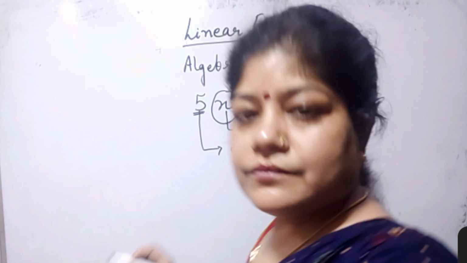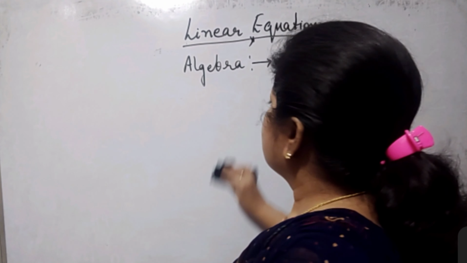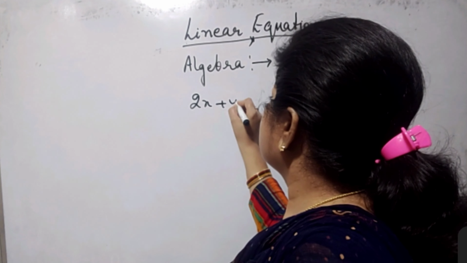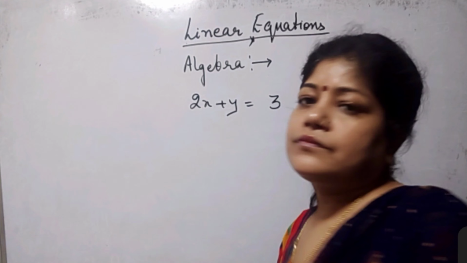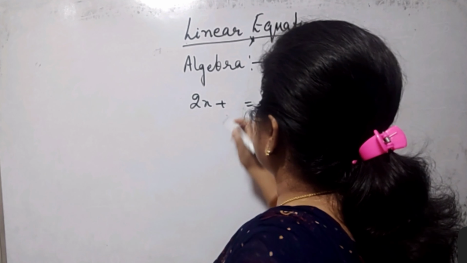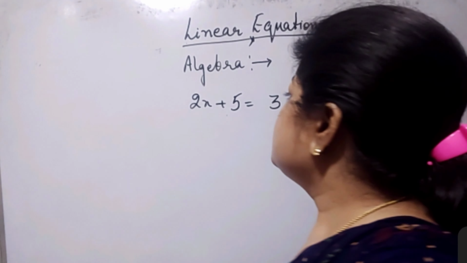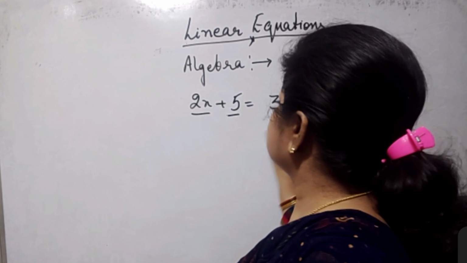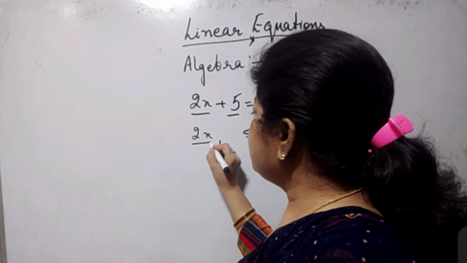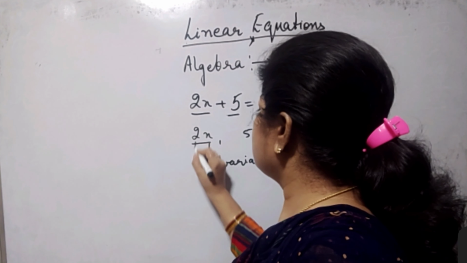After that, for example, we have 2x plus 5. So, what are the different terms over here? 2x, then 5, then 3. Now, in this, x is the variable and 2 is the constant.